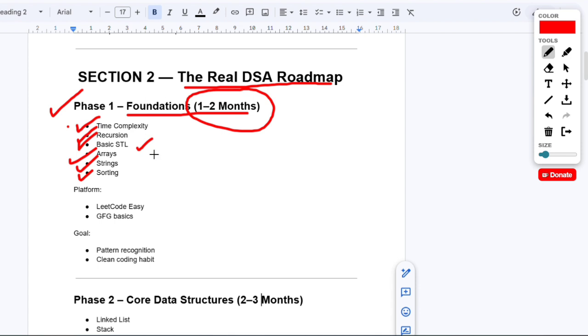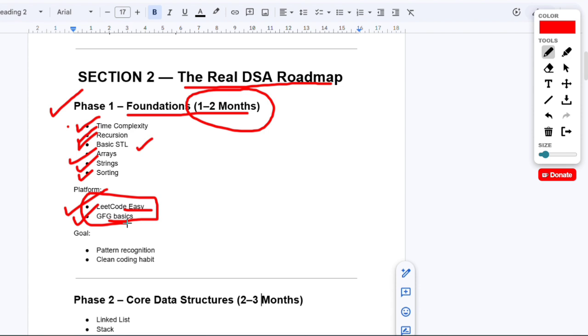So for the first 2 months you have to build your foundations. You don't have to waste time, and after that you have to practice easy, basic problems on LeetCode and GFG. These first 2 months are not for jumping to the hard problems, this is basically to build your foundation.